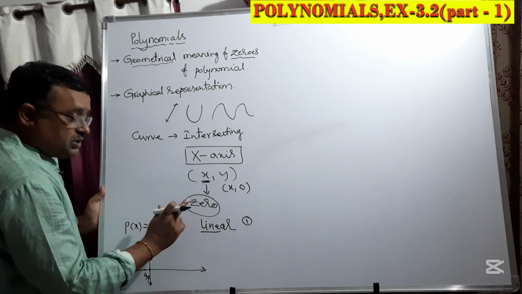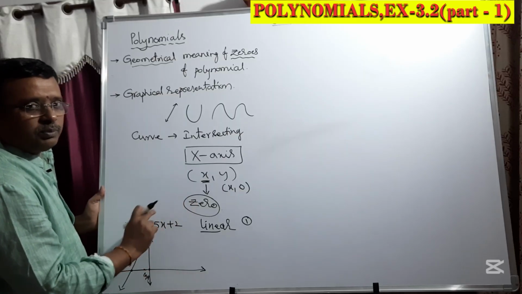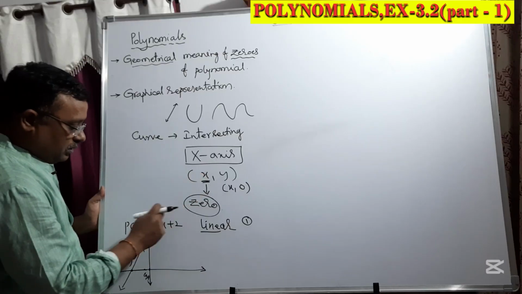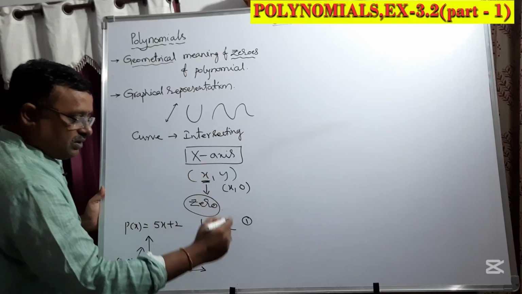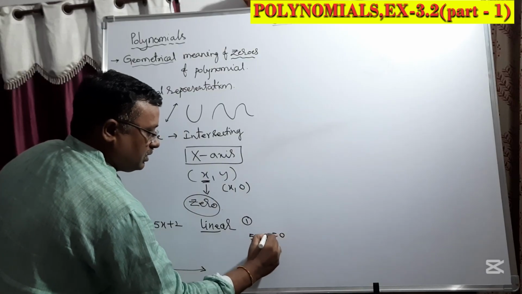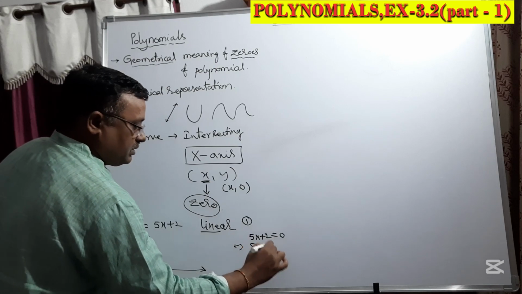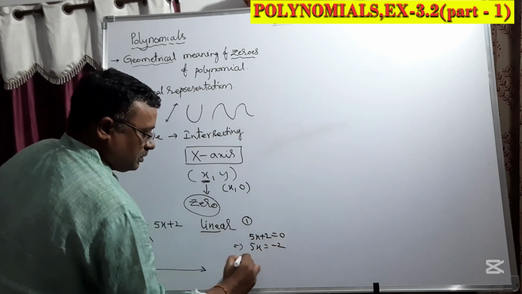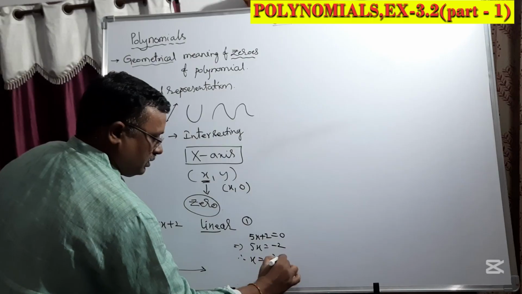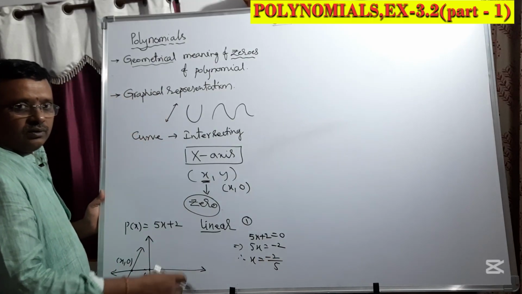Let us suppose, zero means what? The variable value which makes the polynomial 0. So take the polynomial as 0 as a rough work. Suppose 5x + 2 = 0. Automatically 5x = -2, therefore x = -2/5.